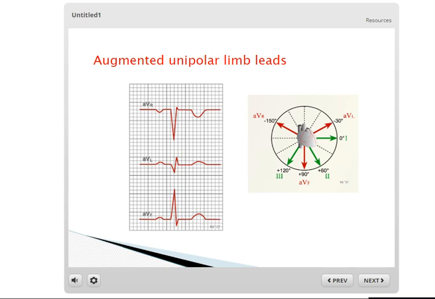These six leads record electrical activity along a single plane, termed the frontal plane, relative to the heart. Using the axial reference system and these six leads, one can define the direction in the frontal plane of an electrical vector at any instant in time.